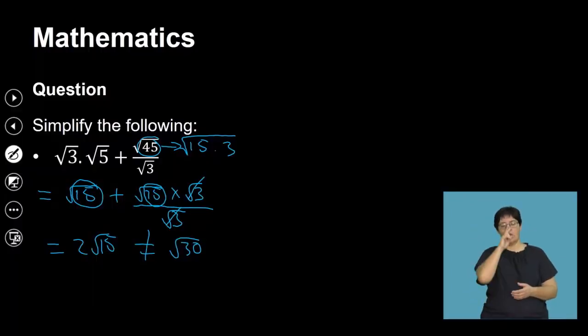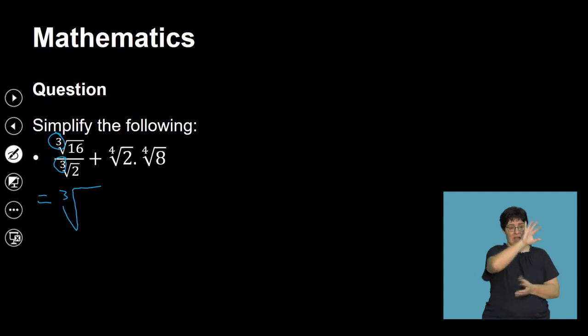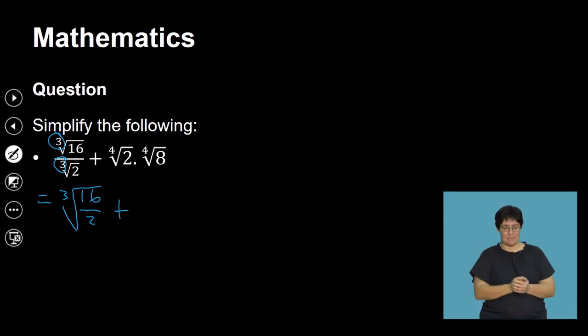Let's look at another example here. So this is an interesting one again. Remember, I said my radicals must be the same for me to apply my laws, right? So this will be the same as the cube root of everything that I have here, 16 over 2, plus what I have here is the fourth root, so it will be 4 outside, and then inside here I will have 2 multiplied by the 8 there.